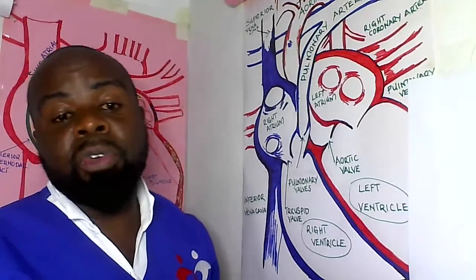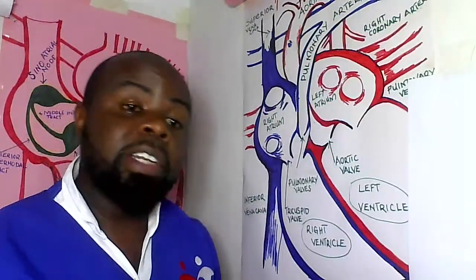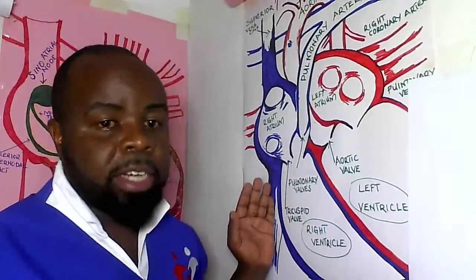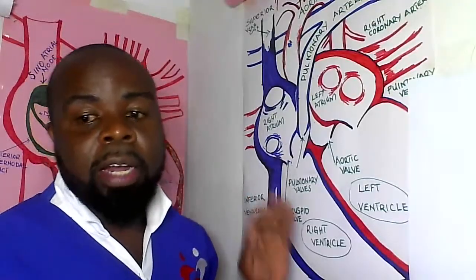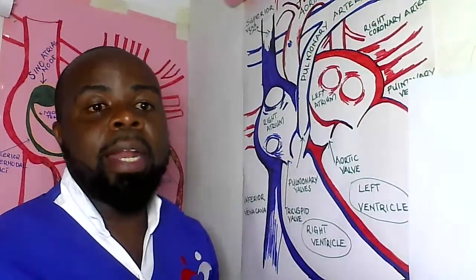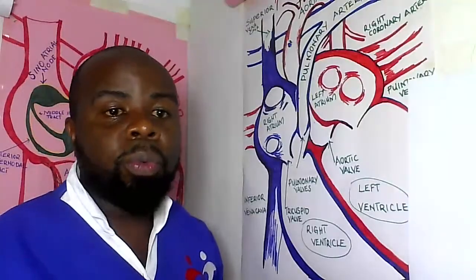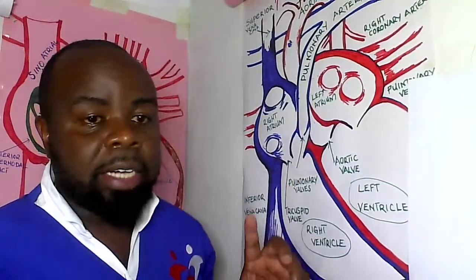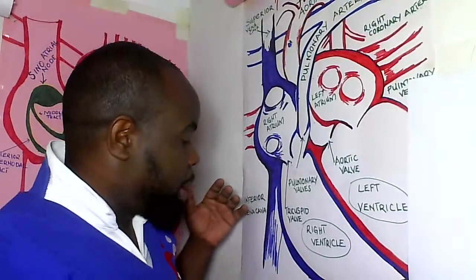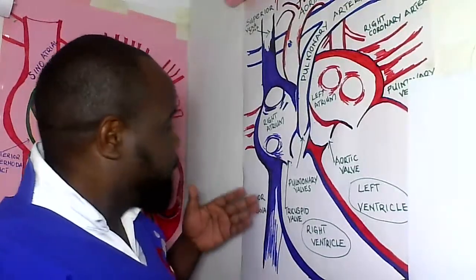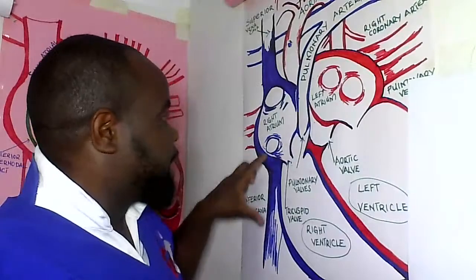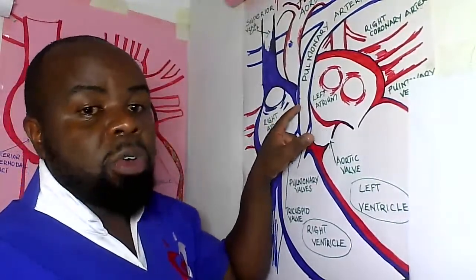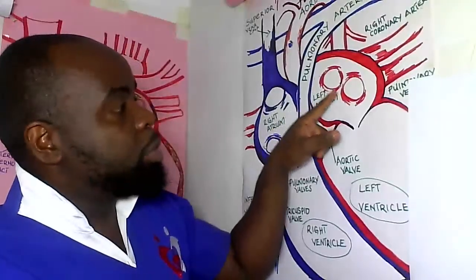We are talking about congenital heart defects that children are born with. Right now I'm just giving a review of how blood flows in a child's heart. From the umbilical veins, it comes to the right atrium, then flows through a hole here that is called the foramen ovale, then to the left atrium.